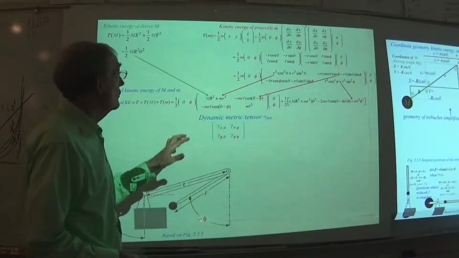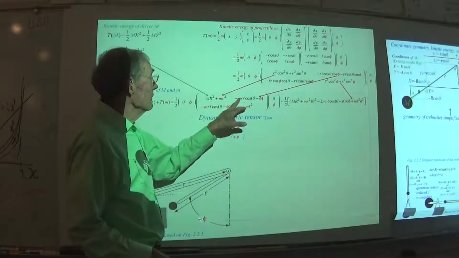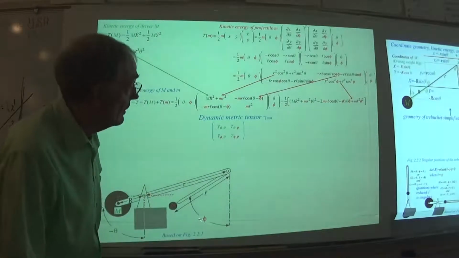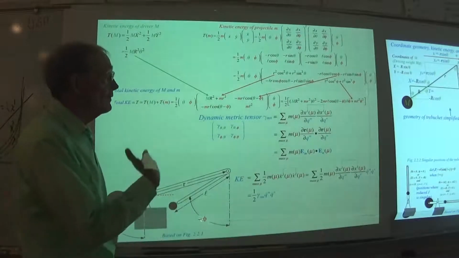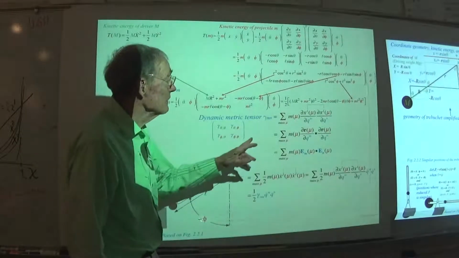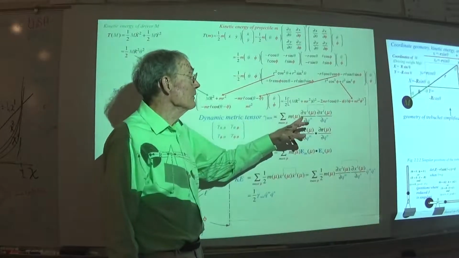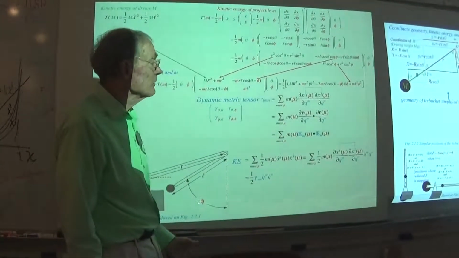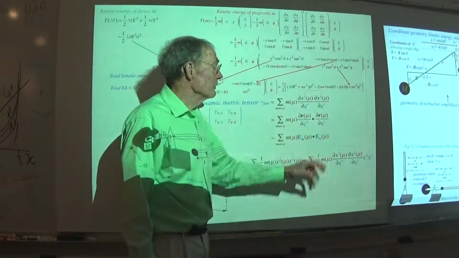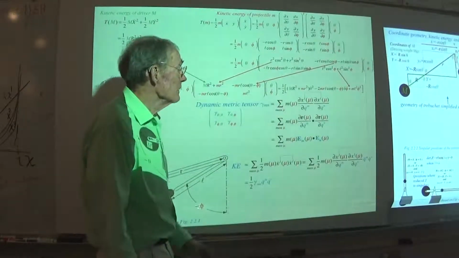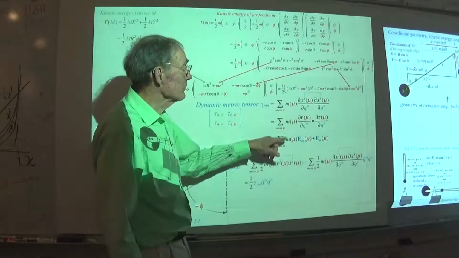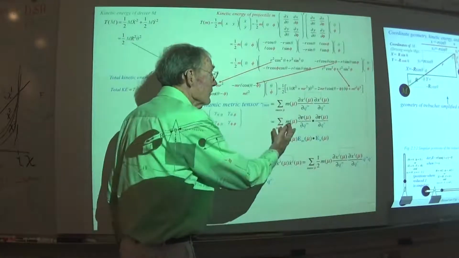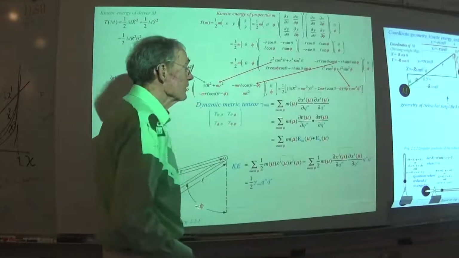So this is just showing the anatomy of that metric tensor. And here is sort of a rationale between that. What this thing right here is, is a combination of a scalar product of the partial derivatives of the coordinates of whatever mass you're talking about. So whatever device you have, there's a lot of masses and a lot of coordinates. This is kind of how you build the kinetic energy.